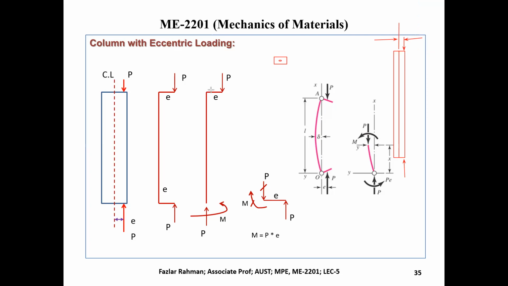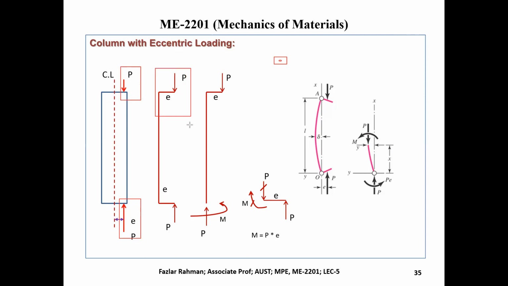So you see right over here in the left side, there is a center line of the column shown with letters CL. And we apply load right over here. This will be E. Now what happened? There is some extra material. We can simplify the view.